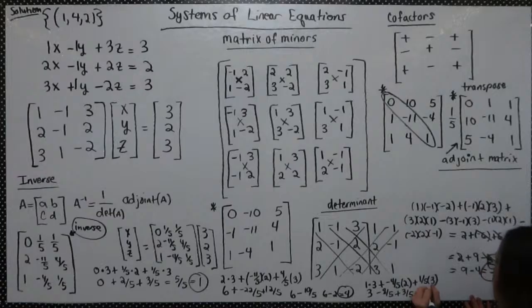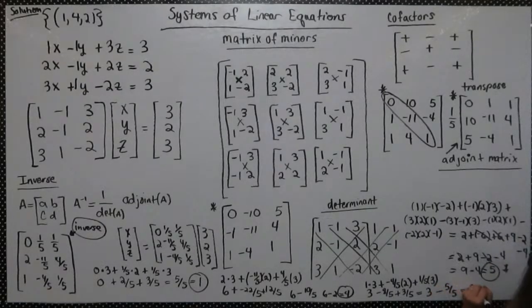So we've got 3 minus 8/5 plus 3/5. We combine these fractions because they have the same denominator: -8 and +3 is -5. So it's 3 minus 5/5, so it's 3 minus 1, which is 2.